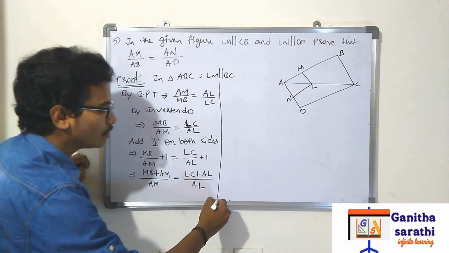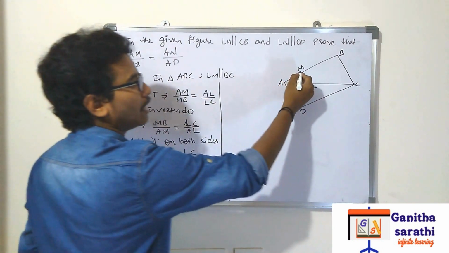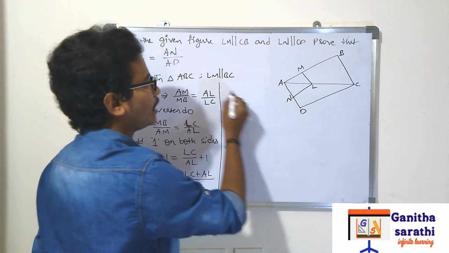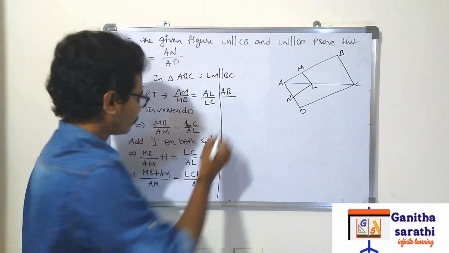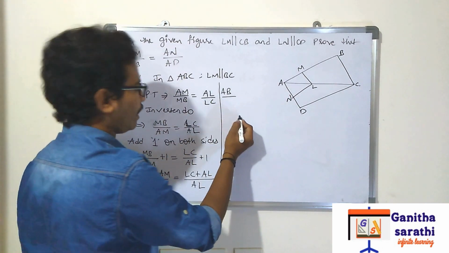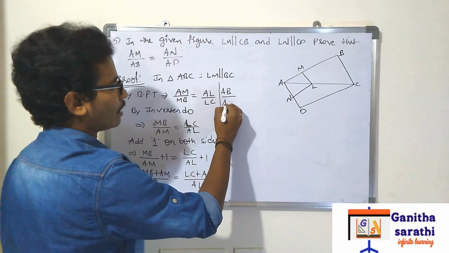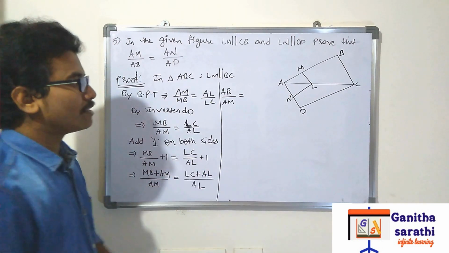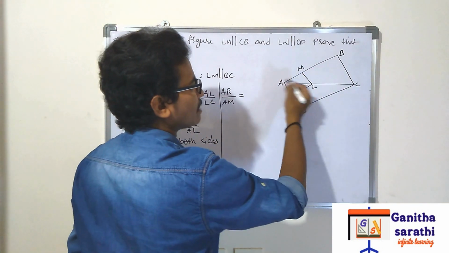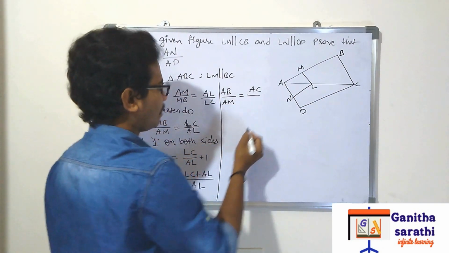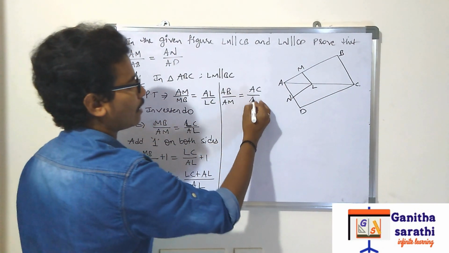Now MB plus AM, the total line will be AB. So AB by AM is equal to LC plus AL. LC plus AL means the total line AC. AC by AL.